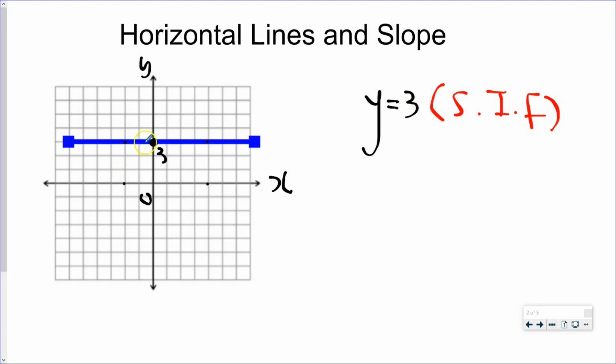This is my b, so that's the y-intercept. However, I do not have the m times x portion. Without the m and x, basically it means m, which is our slope, is equal to 0. So for a horizontal line, the slope is simply equal to 0.